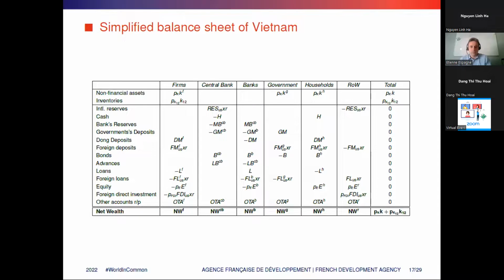So when there is a plus, it's on the asset side. When there is a minus, it means that it's on the liability side of the actor. You can look at the balance sheet column by column to see what is the composition of the balance sheet in terms of different types of financial instruments.